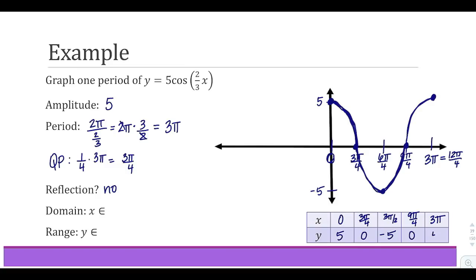And 3 pi, 5. So to wrap up, the domain is negative infinity to infinity for my sine or cosine functions. The range this time extends from negative 5 all the way up to positive 5 for the y value. So bracket negative 5 to positive 5, close bracket.